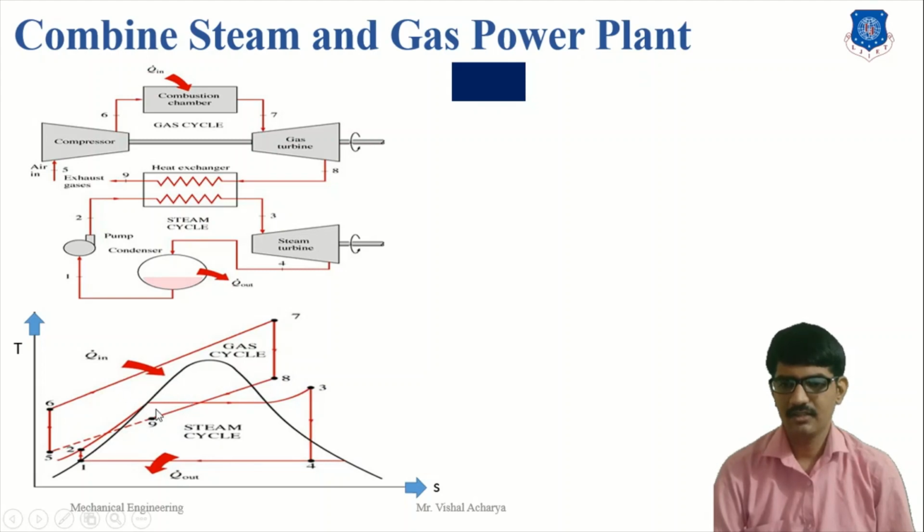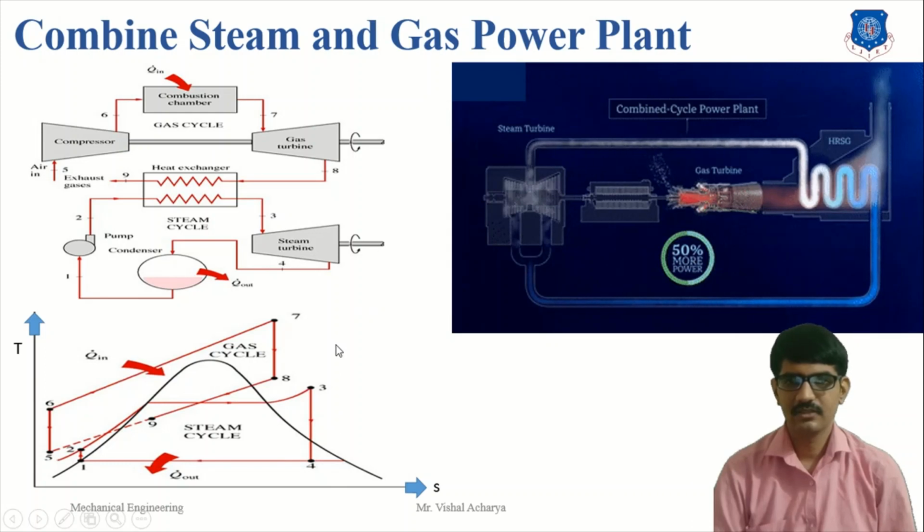And in the Rankine cycle, there are constant pressure heat addition, isentropic compression, constant pressure heat rejection, and isentropic turbine work output.